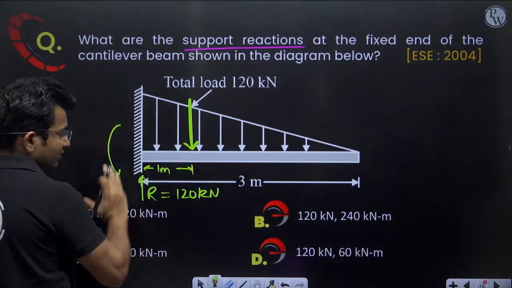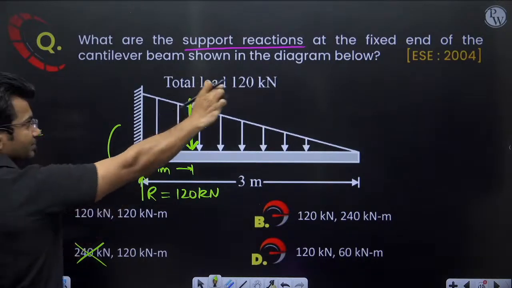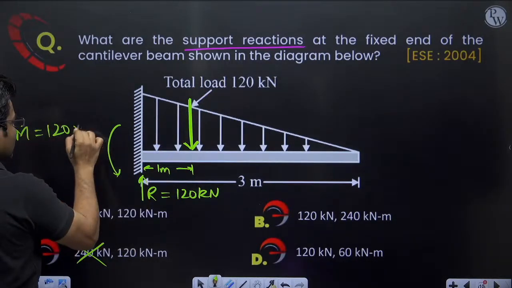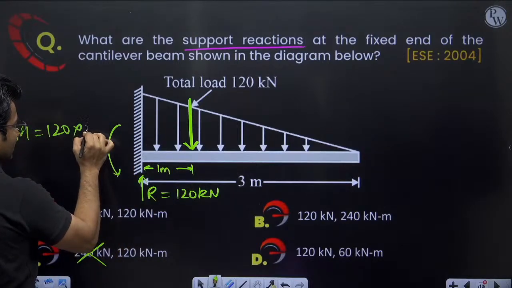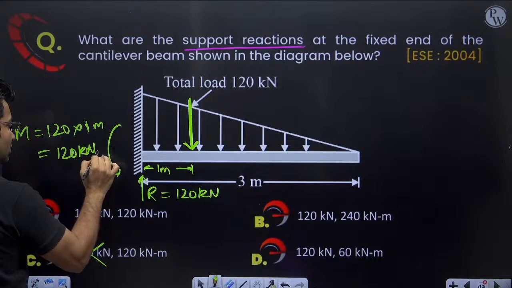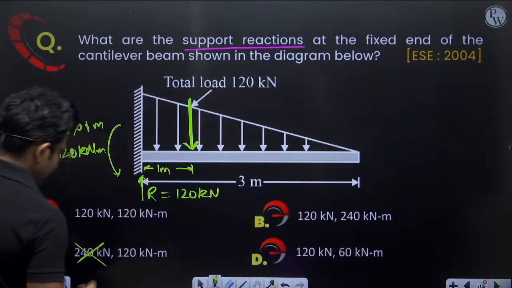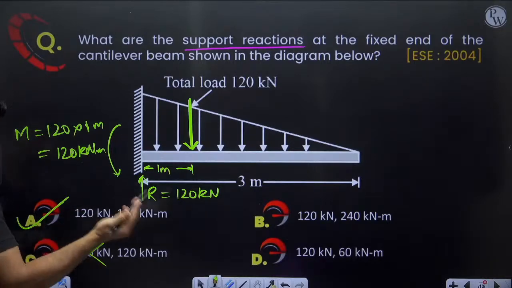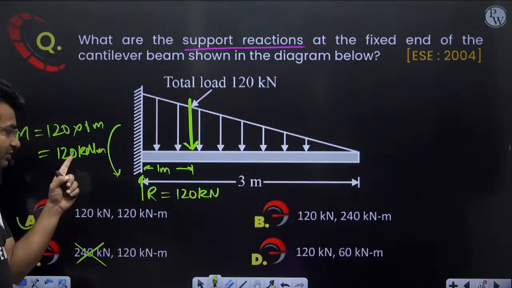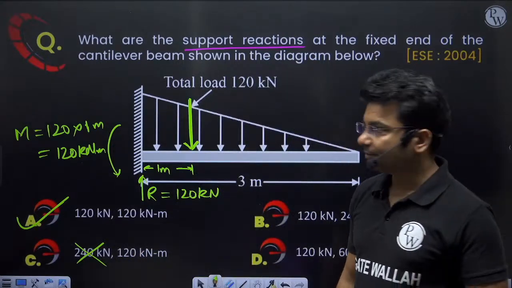So the moment will be equal to 120 into the perpendicular distance of 1 meter. So it will be 120 kilonewton meter. So the correct answer will be option A. Both are 120. This is 120 kilonewton and this is 120 kilonewton meter. Clear? So the correct answer will be option A.